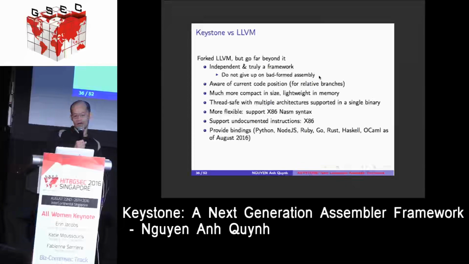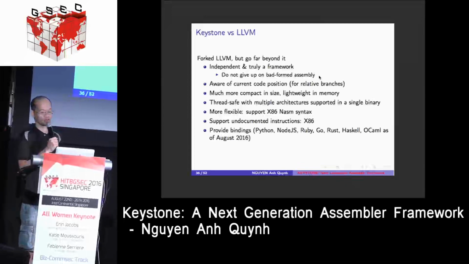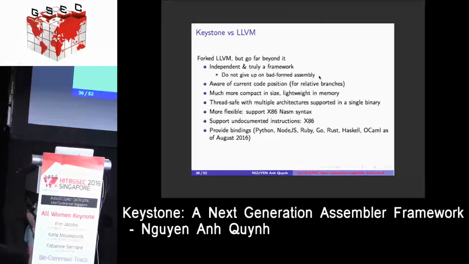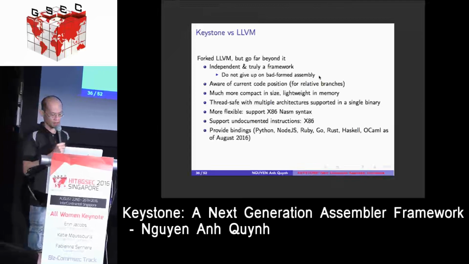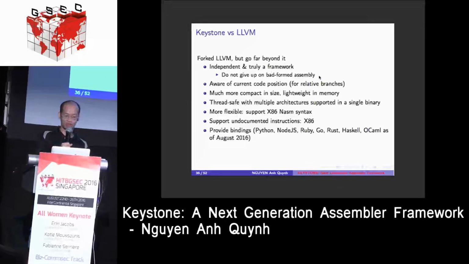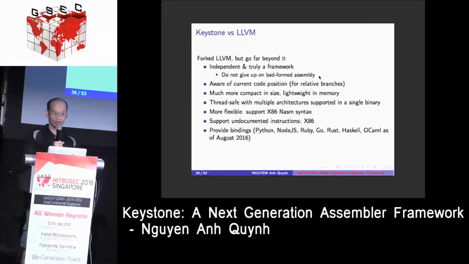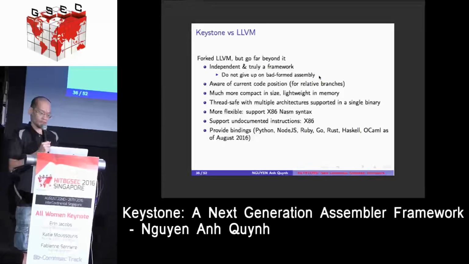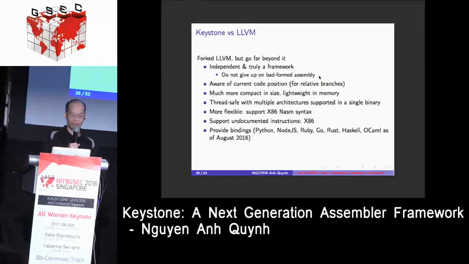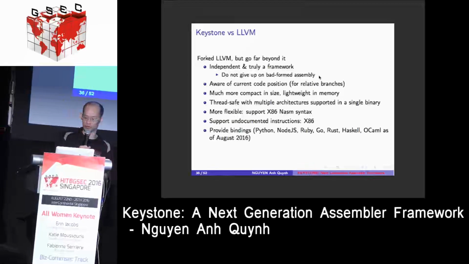Okay, so here's a quick summary comparing Keystone with LVM. So we fork LVM to build Keystone, but Keystone goes a lot further, does a lot more, and does a lot better. So Keystone is a true framework. So we do not give up on bad input, and we allow tools built on top of Keystone.